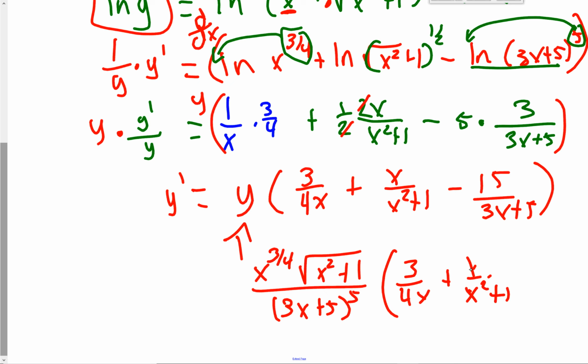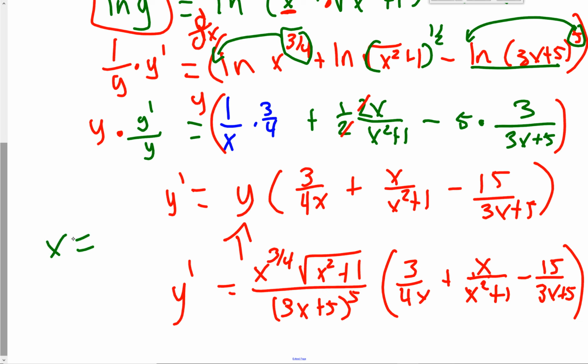And I don't care how sloppy this looks, but you do have to plug in what y equals, because we actually know that part. So that's how complicated it looks. It's fine how complicated it looks. Now, if they give us some x value, x equals something, we can go ahead and plug in those x's into all these spots and simplify to figure out what y prime is. So a little complicated, but that's how you do it.